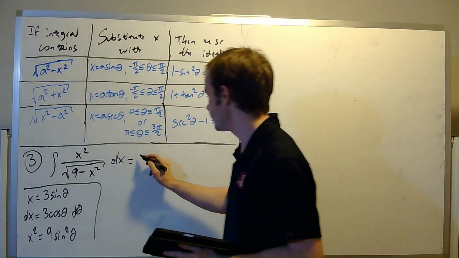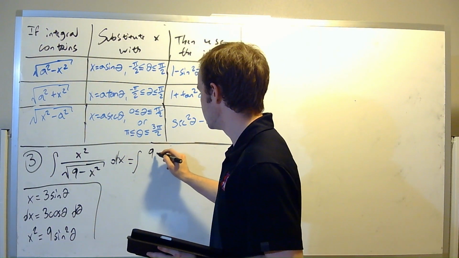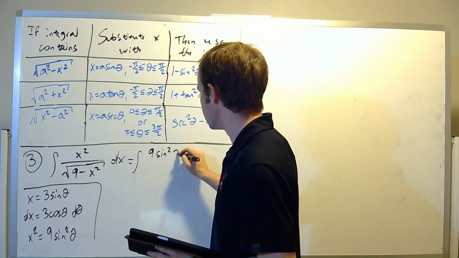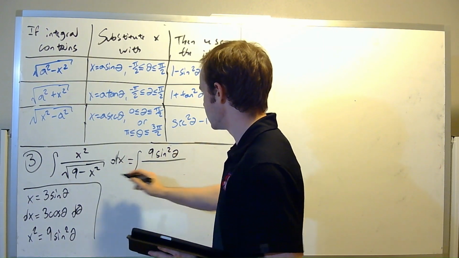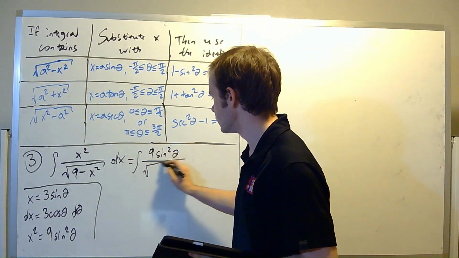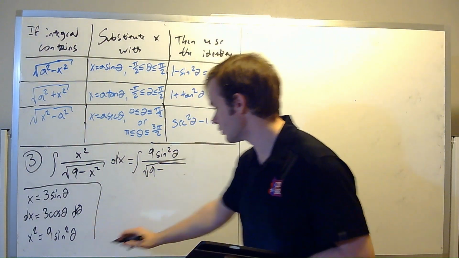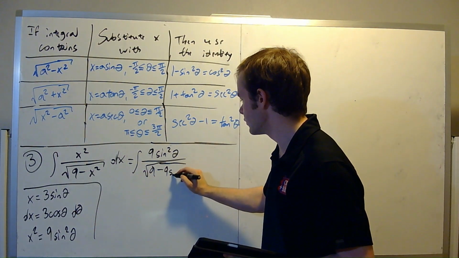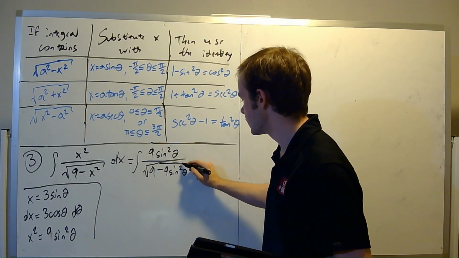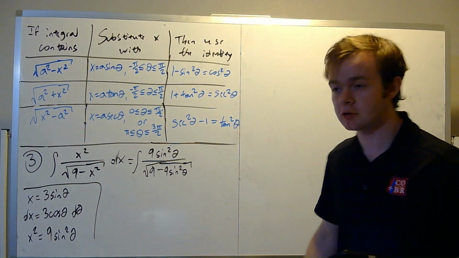We're going to have the integral of x squared, which we replace with 9 sine squared theta. And then the square root of 9 minus x squared, where x squared we replaced with 9 sine squared theta. And here, this dx we replaced with 3 cosine theta d theta.